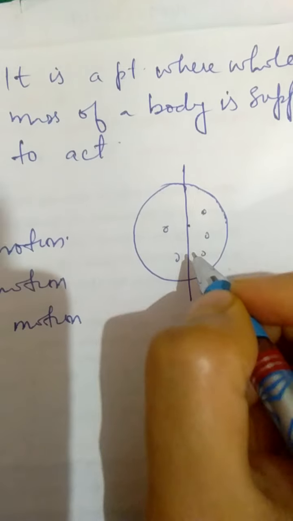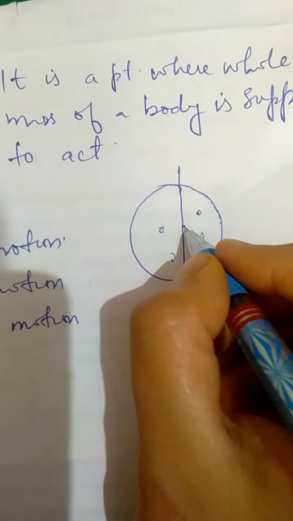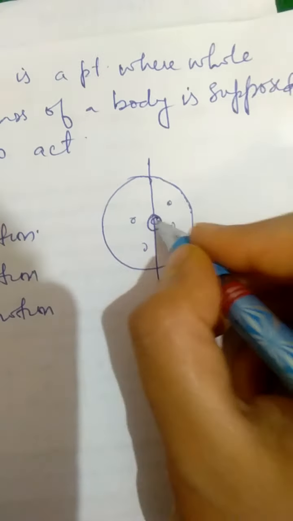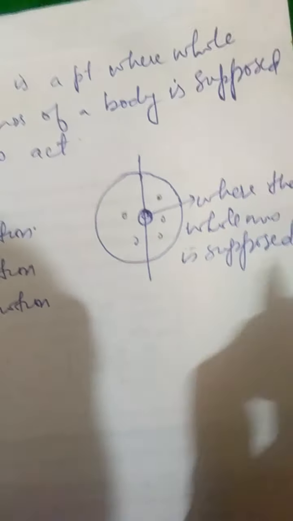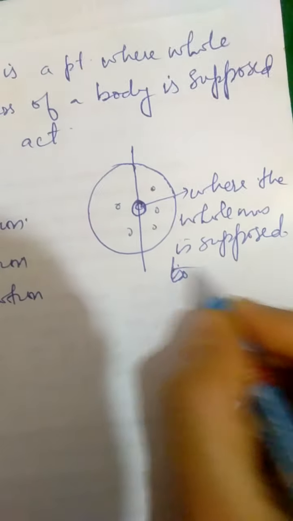Therefore, we choose to describe the motion of this body by a point where the whole mass is supposed to act. And that point is called the center of mass.